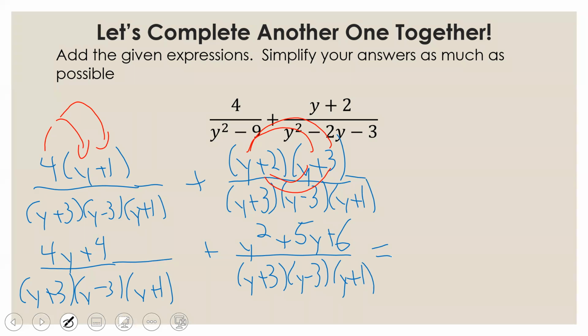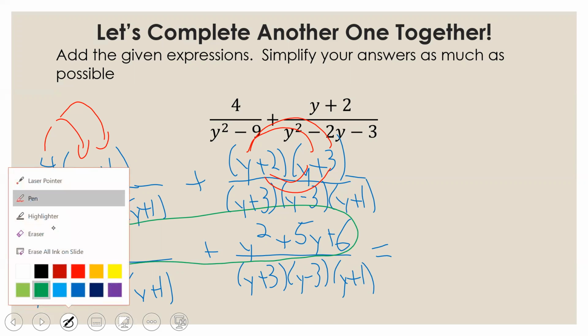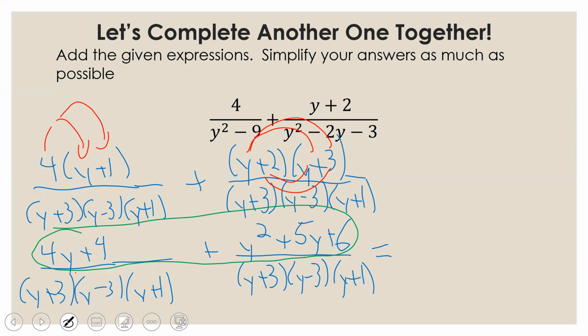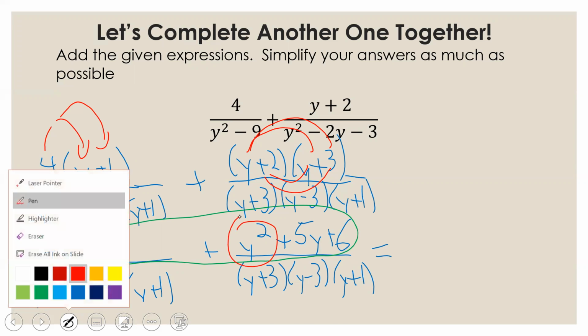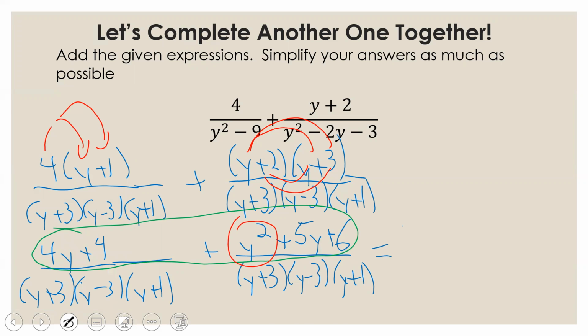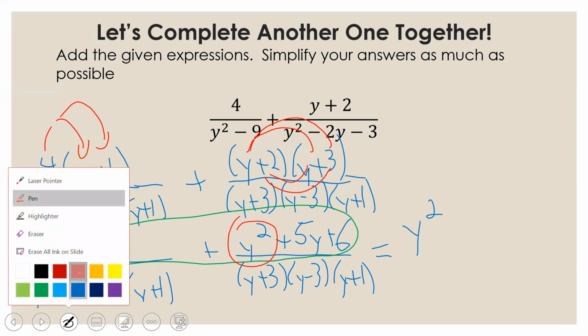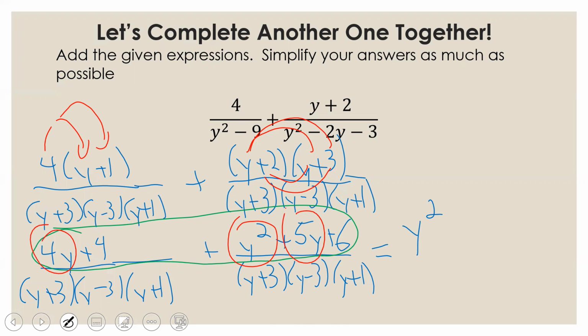Okay, and then now that we have a common denominator, we could add our numerators. So we do the 4y plus 4 plus the y squared plus 5y plus 6. And for the sake of room here, I'm going to add them in this form. So first of all, I notice the y squared here, no other y squareds. So that'll be in my final answer. We have a 4y and a 5y.